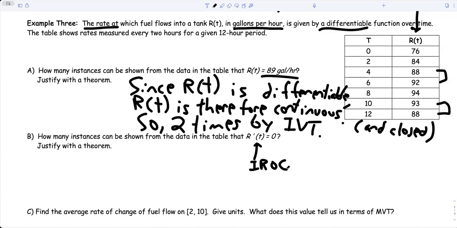That the instantaneous rate of change is equal to the average rate of change if the function is on a closed interval and it's continuous on that interval and it's differentiable on that interval. Okay, so I want to find how many times the average rate of change is equal to 0 on the interval. So how would I do that?